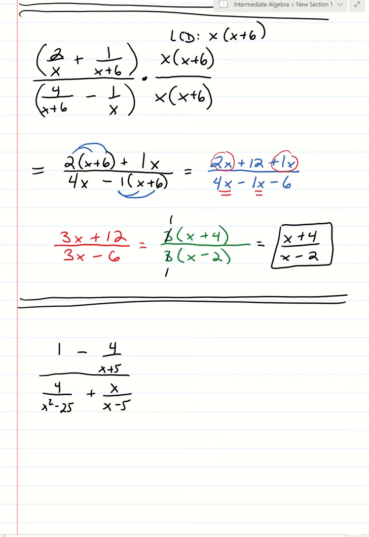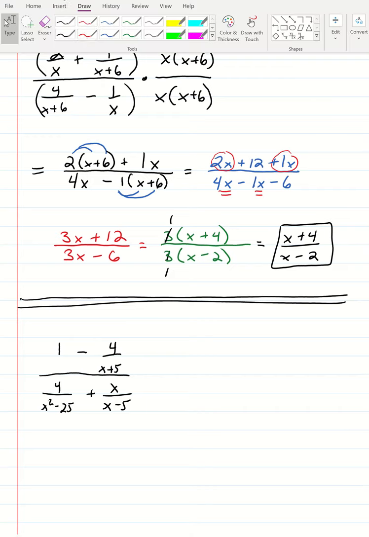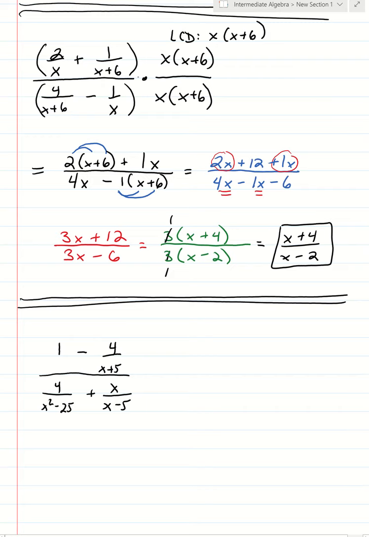Now, this one's a bit more challenging, okay? Because initially, looking at my denominators, I have a denominator of 1. I have a denominator of x plus 5. I have a denominator of x minus 5. And then I have this denominator of x squared minus 25.